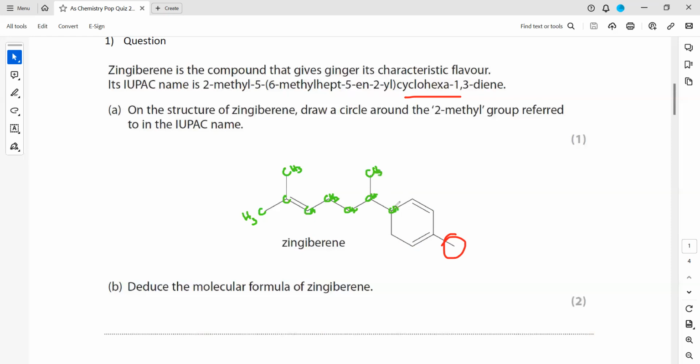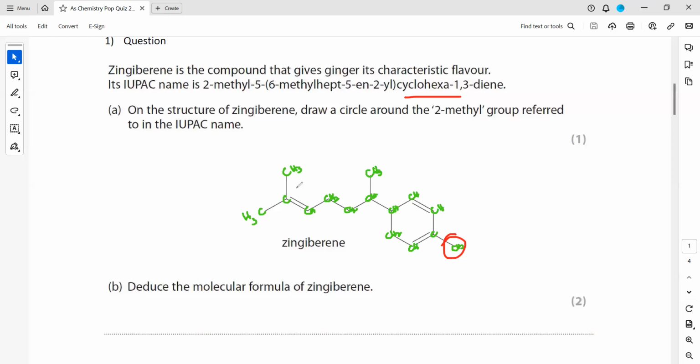This will be CH. This will be CH2. This will be CH because 1, 2, 3 are there. This will be C only because 1, 2, 3, 4 bonds are there. This is CH3. This is 1, 2, 3, so CH. This is 1, 2, 3, so CH. Then what we have to do is count the total number of carbon and hydrogen.